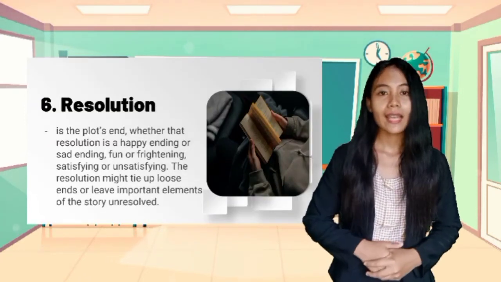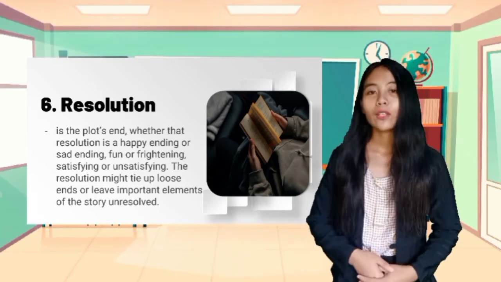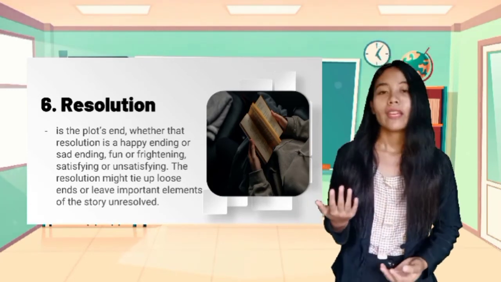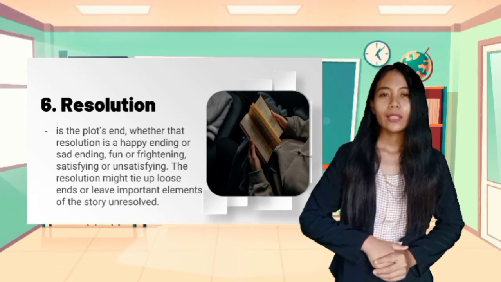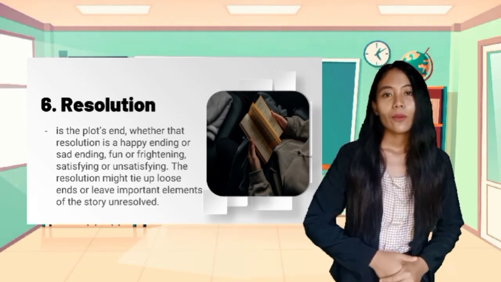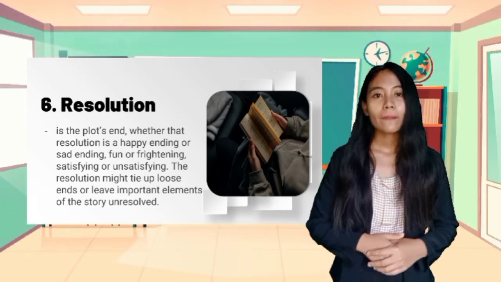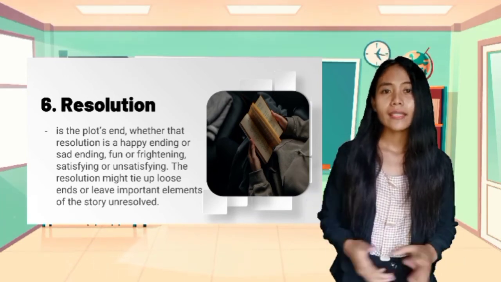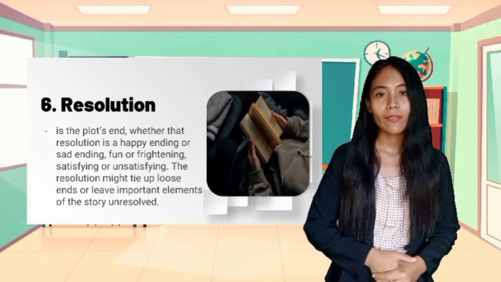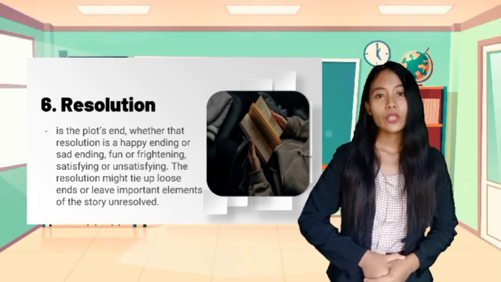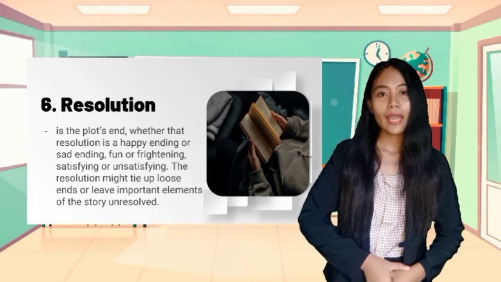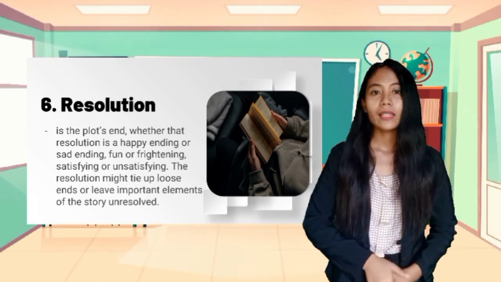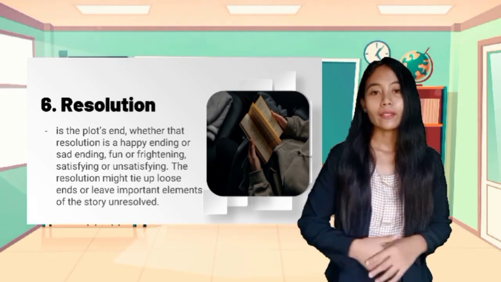And the last element of a plot is what we call the resolution of a story. The resolution is the plot's end, whether a happy ending or sad ending, fun or frightening, satisfying or unsatisfying. The resolution might tie up loose ends or leave important elements of the story unresolved.